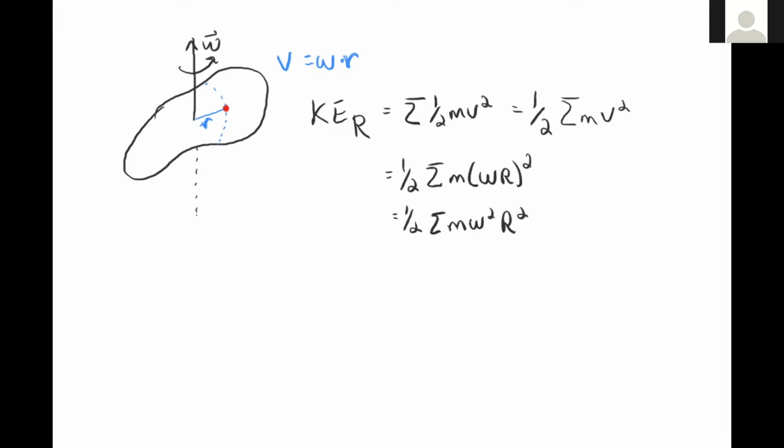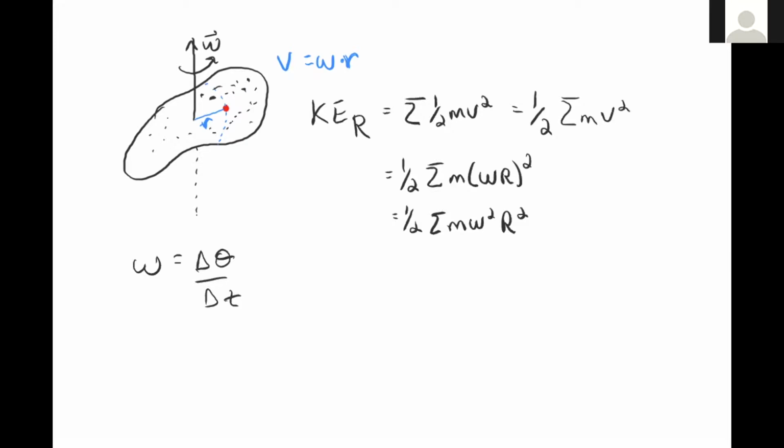Now every single particle on this object, as this object is rotating around the central rotational axis, every one of those objects has the same omega. Because remember, omega is equal to your change in angle over change in time. So no matter where you are on this piece, wherever you are, your angular distance that you move through in the same period of time is the same for every single particle.